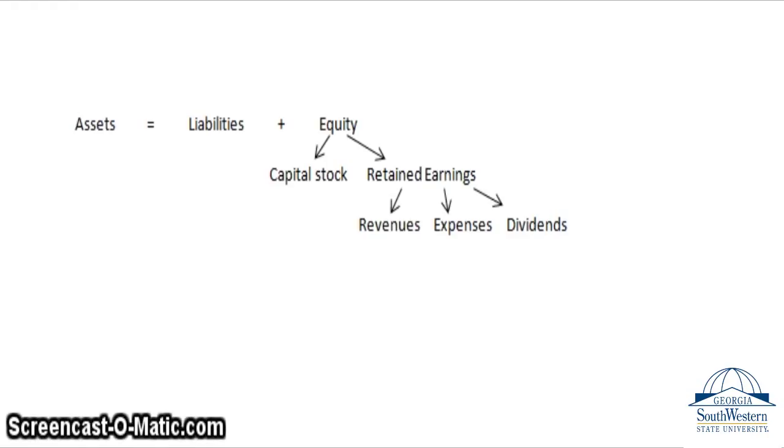Now eventually, revenues and expenses and dividends all get put into retained earnings. Think about what we know about them. If you have net income, which one of these is larger? Revenues or expenses? Should be revenues. So that net income increases retained earnings. What if you had a net loss? What would that do to your retained earnings balance?